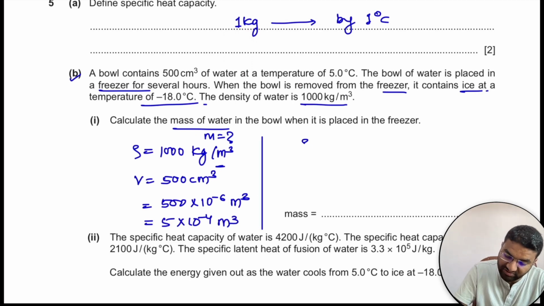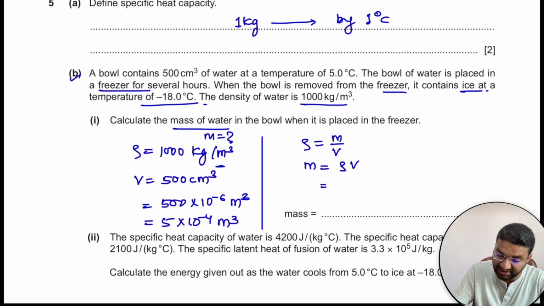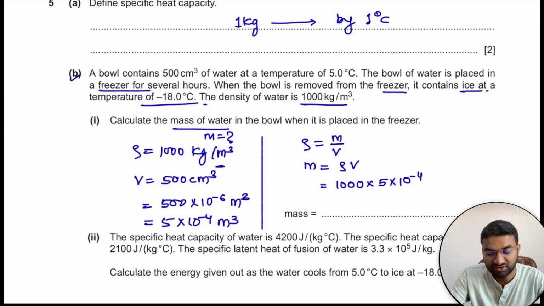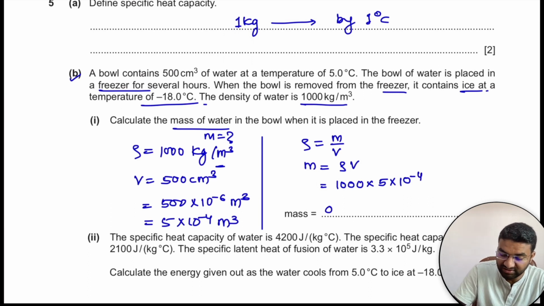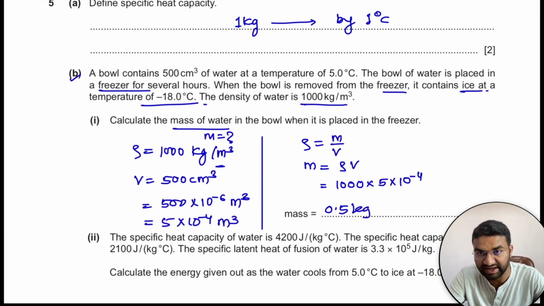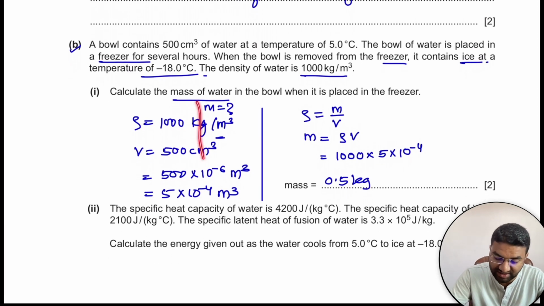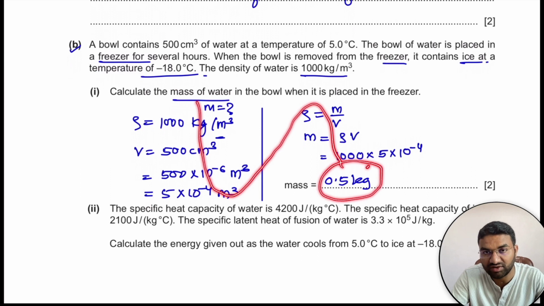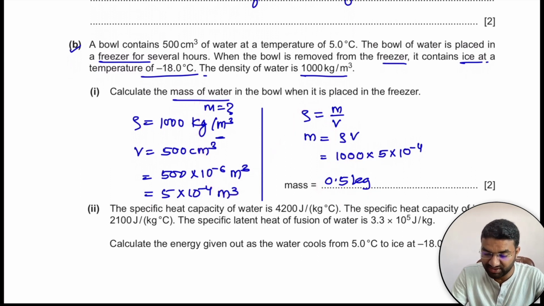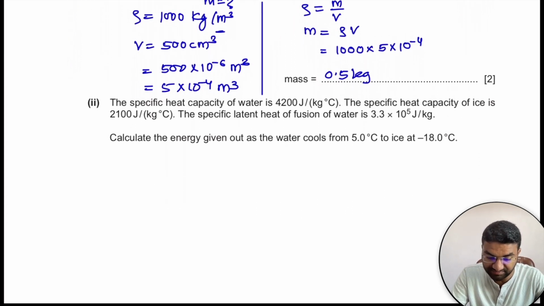We have the formula rho is equal to m over V. We have to calculate m, so rearrange this formula: m is equal to rho times V. So rho is 1000 times 5 times 10 to the power negative 4, which gives 0.5 kg. This is a 2-mark question, and if you write step by step answers like this, you will get full marks. Are you getting this point? I hope you are getting this one.